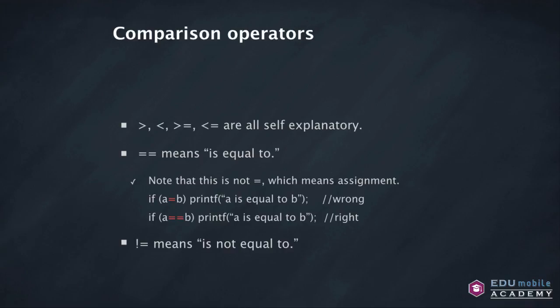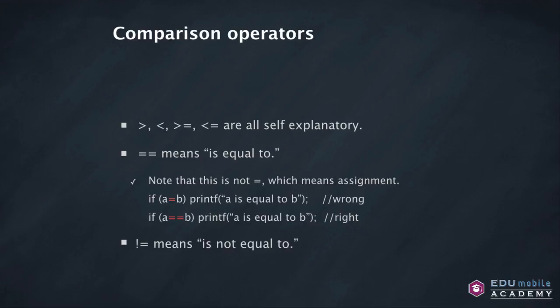What it does is assign A the value of B, and then it returns true if B is not equal to 0. So let's say A is 1 and B is 2. If A = B, then A equals 2, and it will print A is equal to B, because the evaluation came out as true. This is wrong normally.